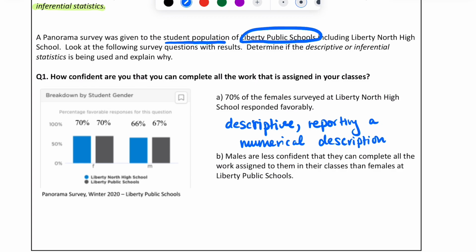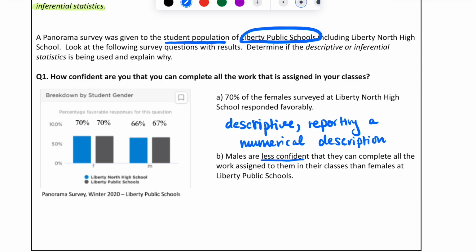Part B says males are less confident that they can complete all the work assigned to them in their classes than females at Liberty Public Schools. Well, if you look at the difference there, we can see that we have that broken down between the two, and males are on the right, females on the left. So based on the number, since 66% is less than 70%, we are inferring that males are less confident.